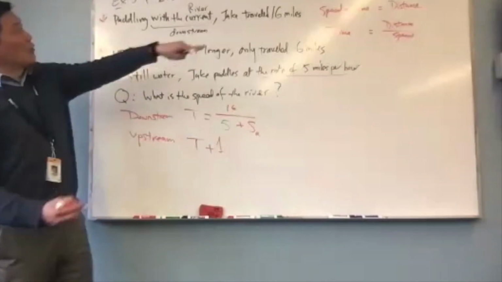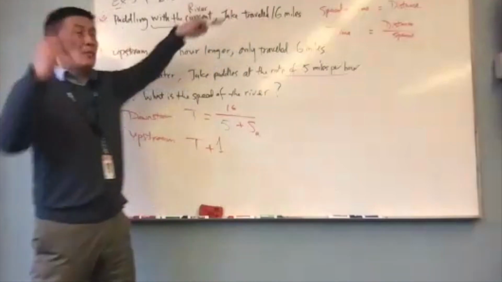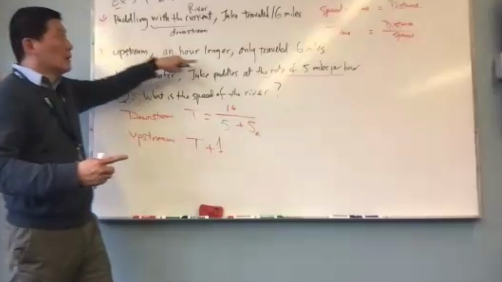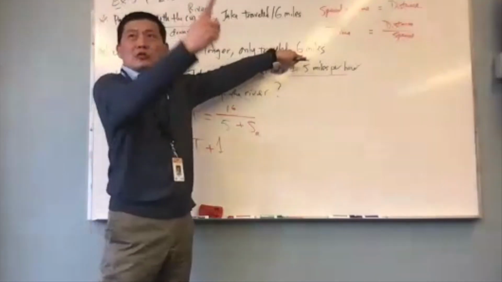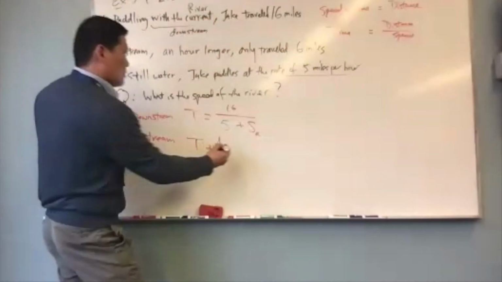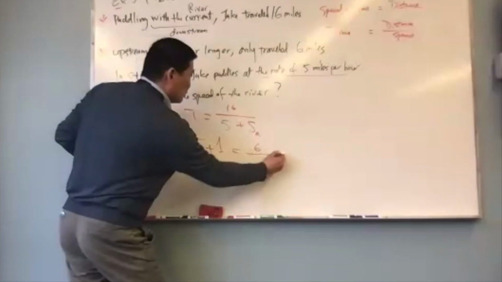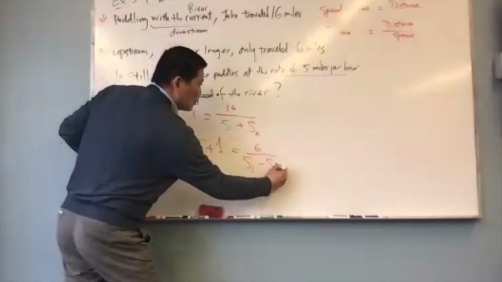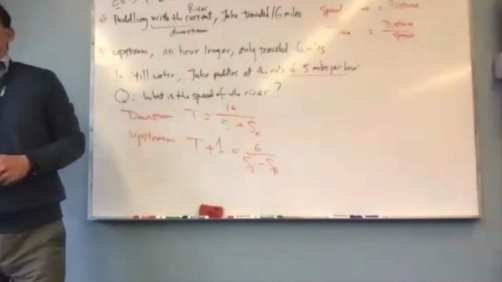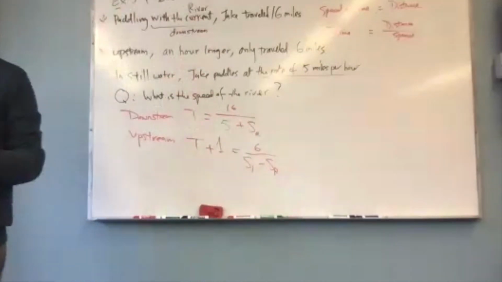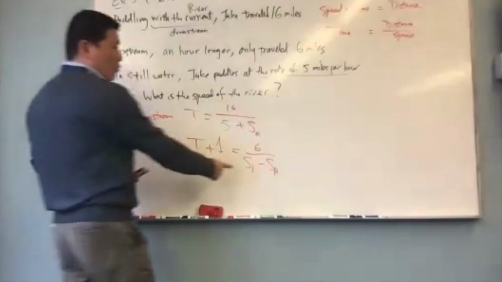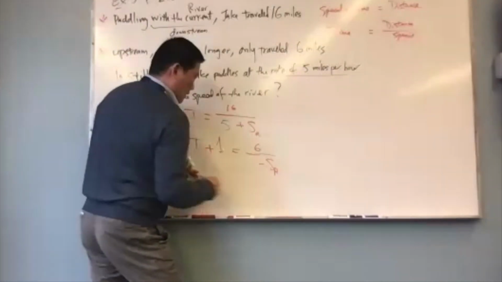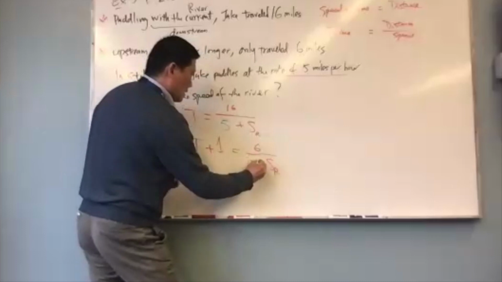Jake goes downstream, travels 16 miles, and upstream, not only with the same amount of time, he has to add 1 more hour going up, and he only travels 6 miles. So that means this is equal to 6 miles over speed of Jake minus speed of the river, because the river is pushing you back. So it's subtract. But we also know that speed of Jake is 5, isn't it?